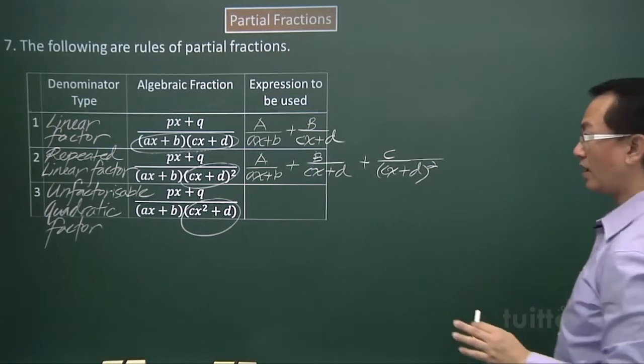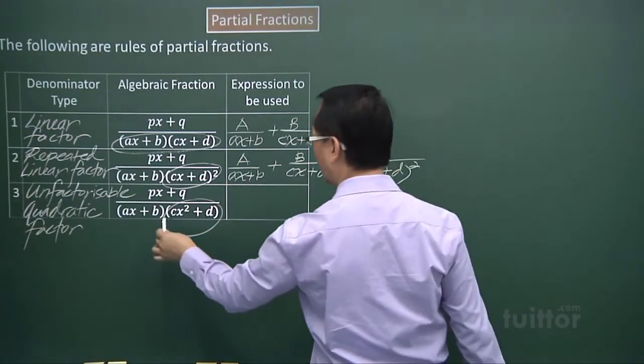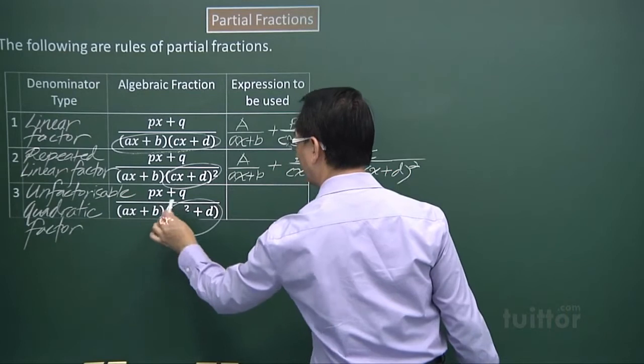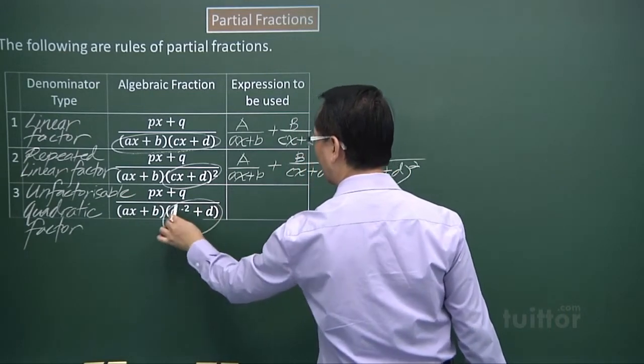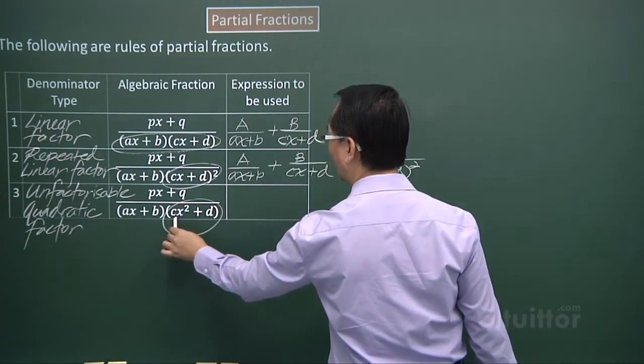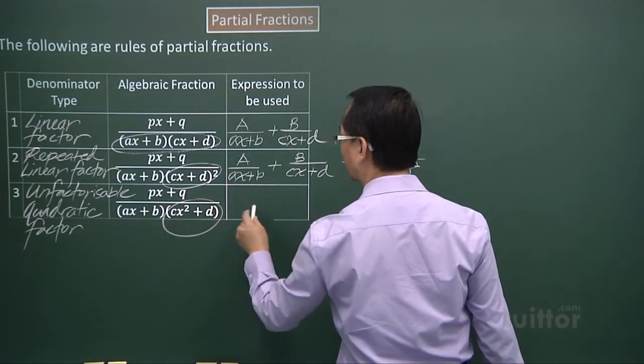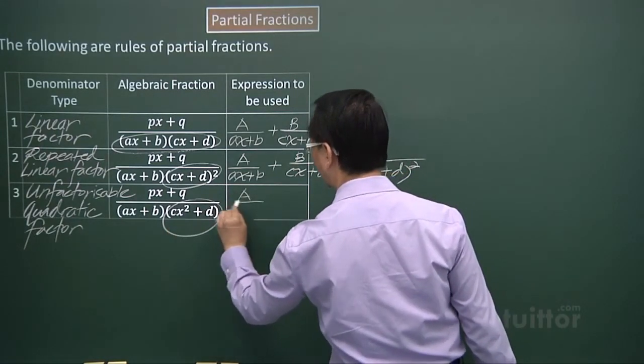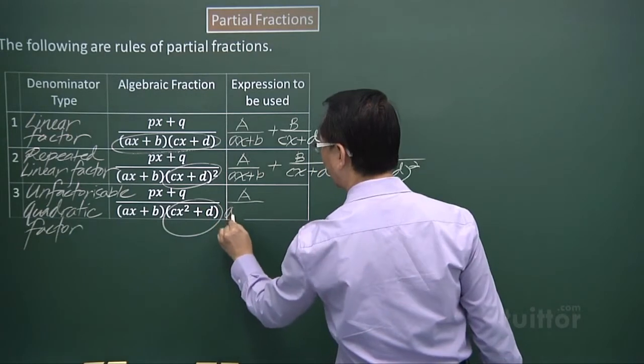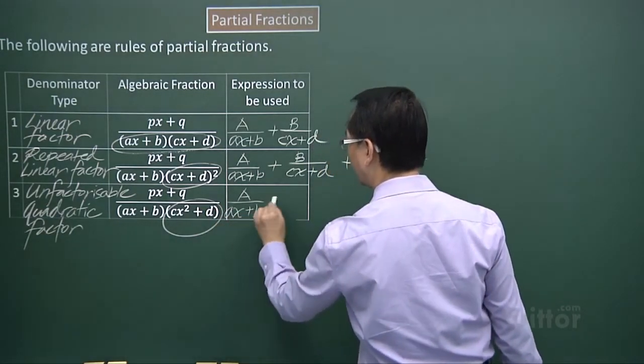So for the third one, I'm dealing with a linear factor, also a quadratic unfactorizable factor. For the linear factor, A over ax plus b.